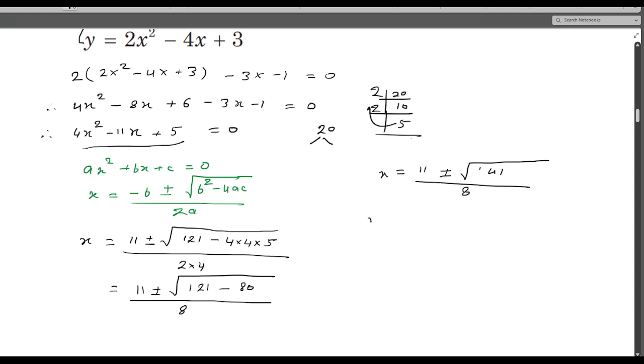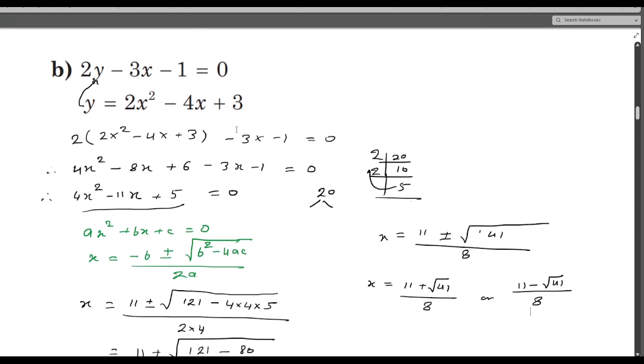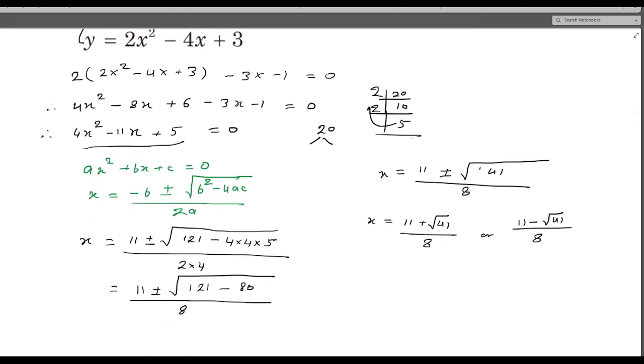So your value for x is 11 plus root 41 divided by 8, or 11 minus root 41 divided by 8. So this time your answer is coming in roots. So better you give some more time, analyze it, and then proceed further.